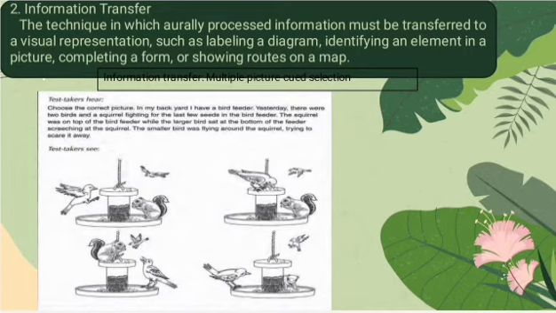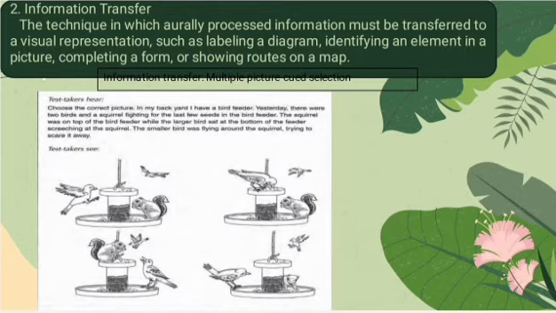First is information transfer multiple picture cue selection. With multiple picture cues, it helps test takers to focus on just the relevant picture based on the information that they hear. Okay, let's take a look at the example in the slide.